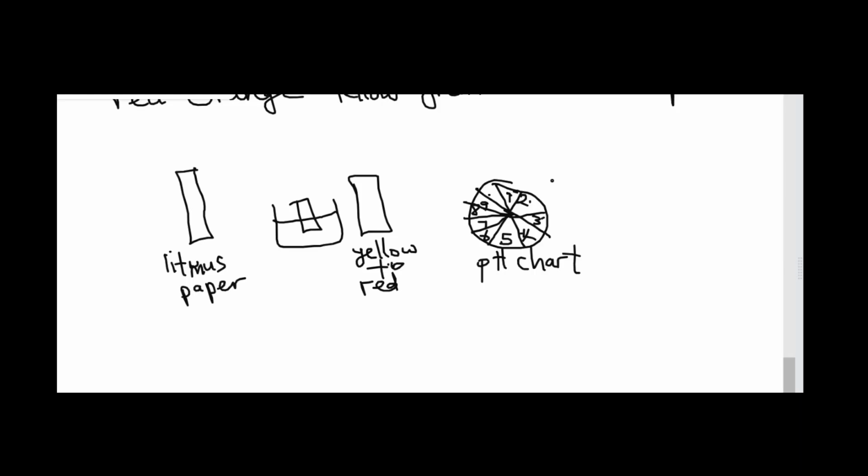So I'll place my paper right next to the chart and compare. If it's very close to a bright red, then I know that I've got a pH 1. If it's dark red, pH 1, light red, pH 2, or if I happen to have an orange, that could be pH 3 or pH 4. Okay, so placing it right next to a chart for comparison.